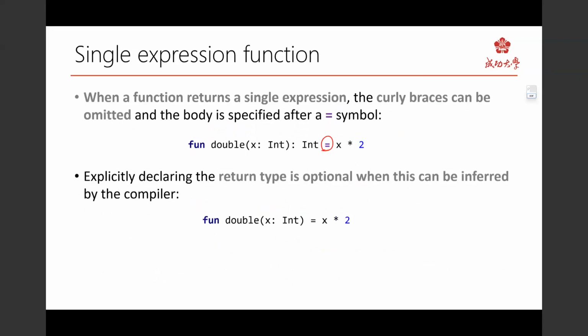And what's even better is that in cases where the return type can be automatically inferred, the return type can be optional as well. In this example, the return data type for the double function can be easily inferred, because the return value is obviously an integer, so we don't need to specify the return type for the double function. It's optional because the return data type can be easily inferred by the compiler.